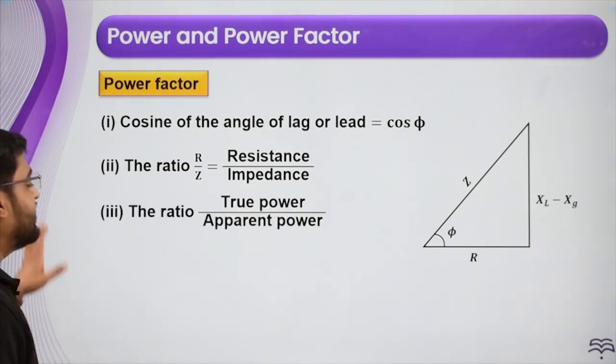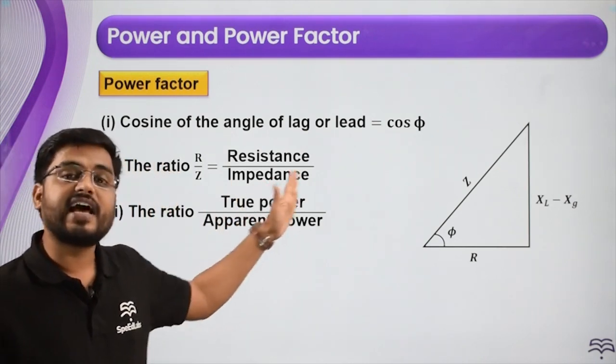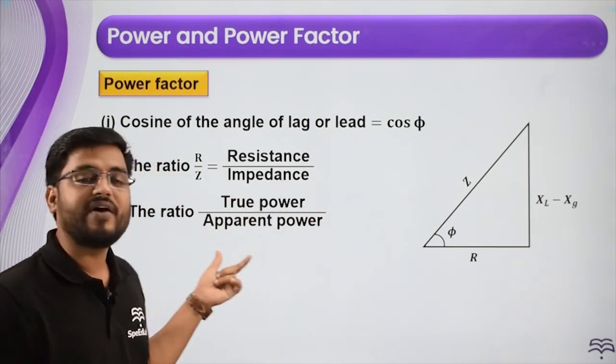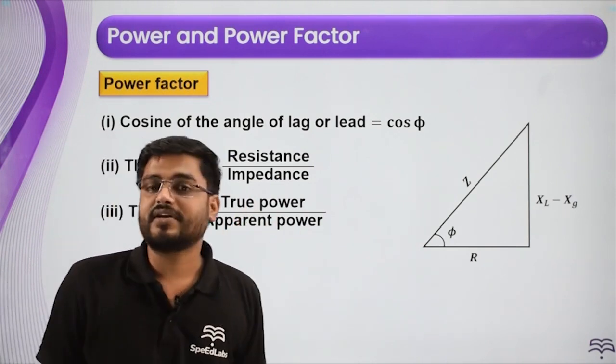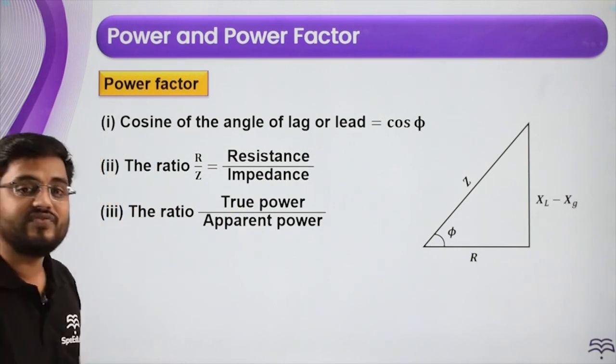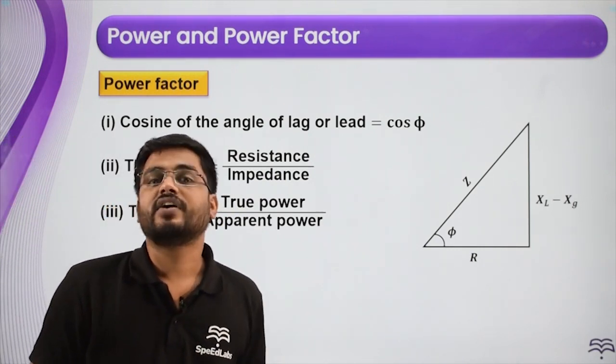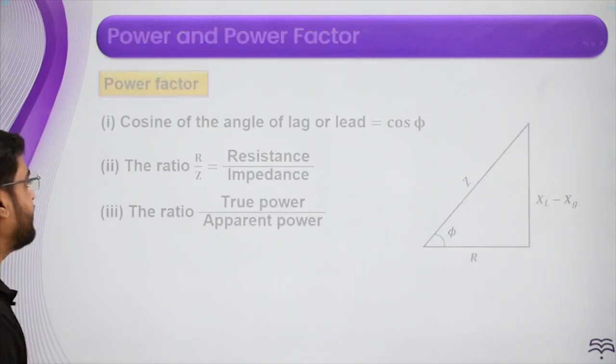And the last is the ratio of true power to apparent power. True power is Vrms Irms cos phi, and the apparent power is just Vrms into Irms. So their ratio is again cos phi. So there are various ways in which power factor can be defined. It is just the cosine of the angle of lead or lag.